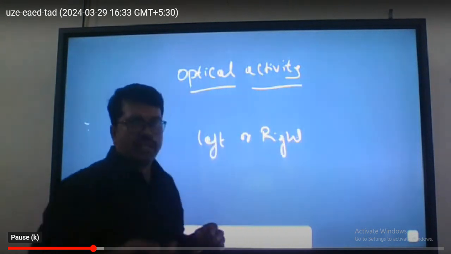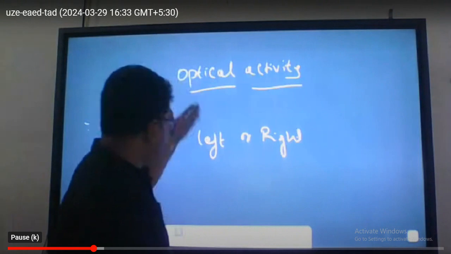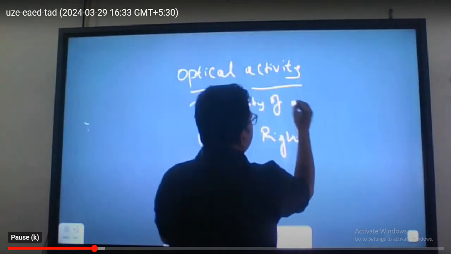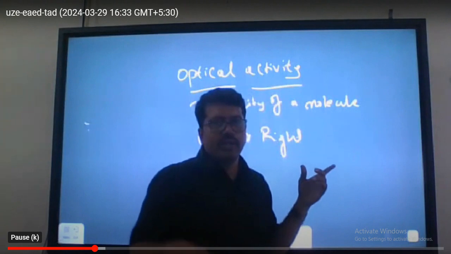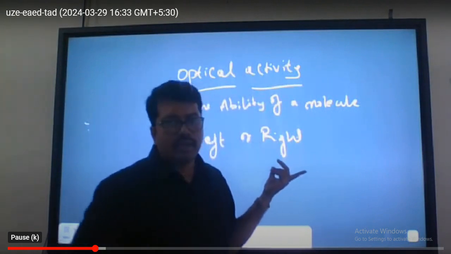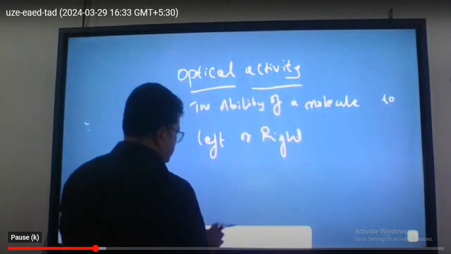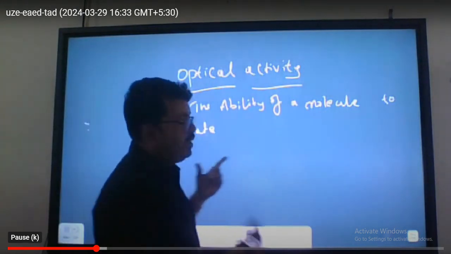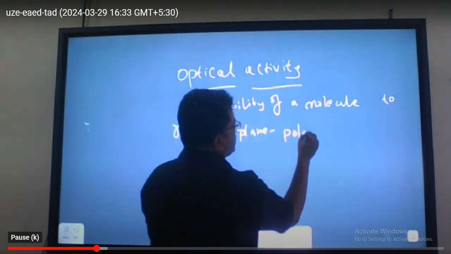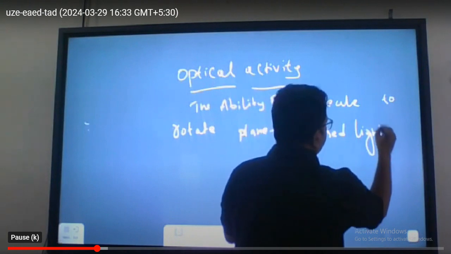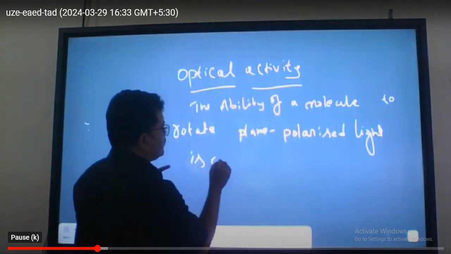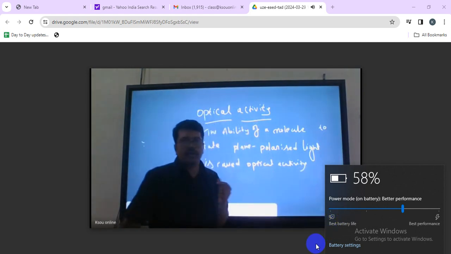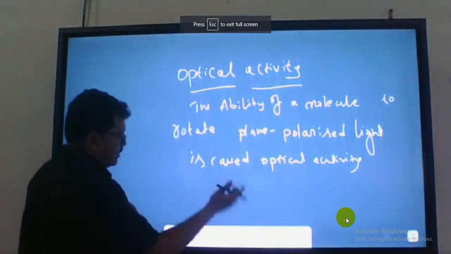Optical activity is the ability of a molecule or substance to rotate plane polarized light.